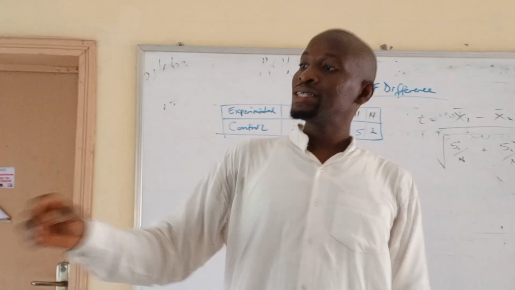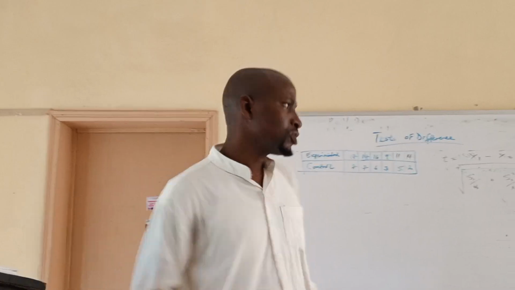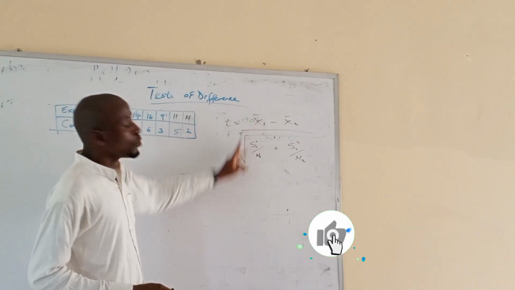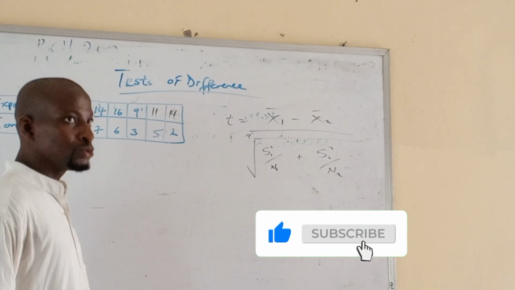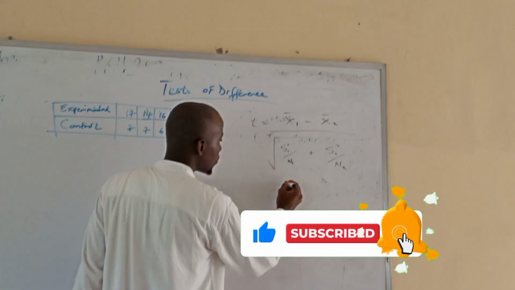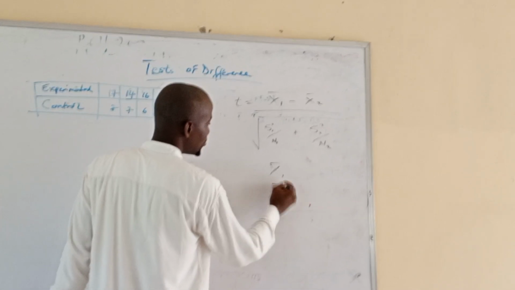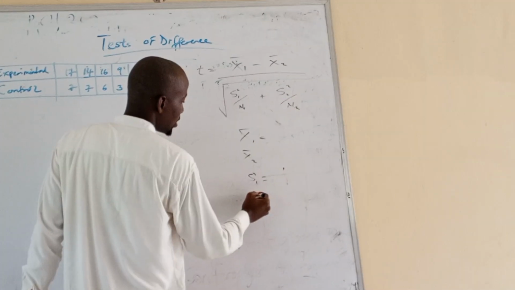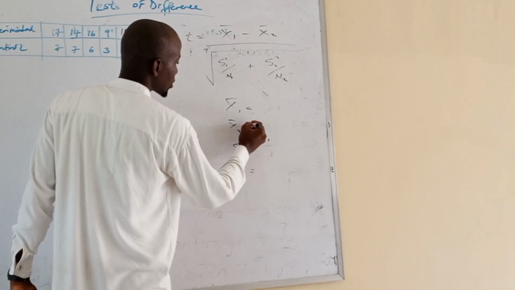So, without really wasting much of our time, let us just go straight to establishing what we really need before we compute whether there is difference or not. So that means we are going to look for mean 1, mean 2, standard deviation of 1, and standard deviation of 2.